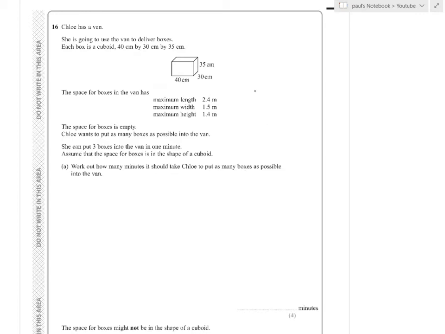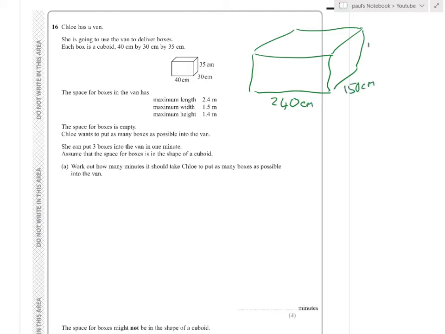As many as possible. So the van. Let's draw the van to see which way round we're going to get these boxes. So the maximum length is 240 centimeters, 150 centimeters, and 140 centimeters.